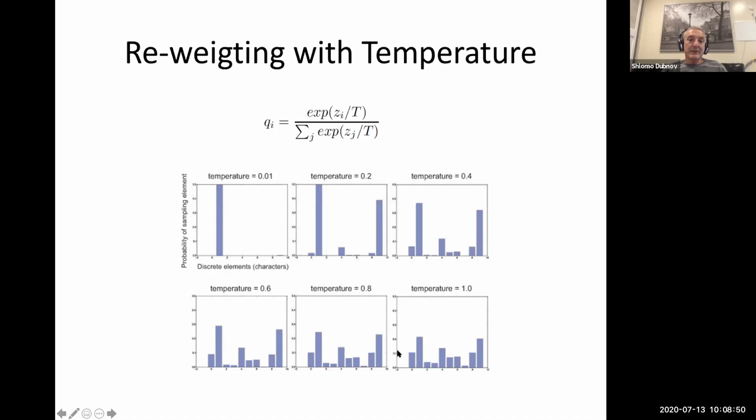You can always use a multinomial distribution, but by changing the parameter t, you go from selecting the maximum, to selecting between the most prominent or strongest probabilities, to the idea that you can select all of them. It also works the other way around.